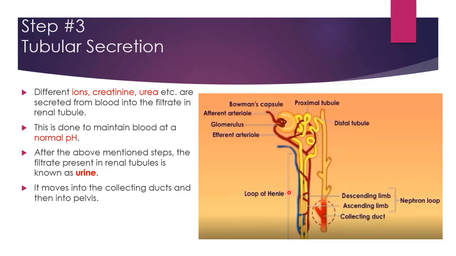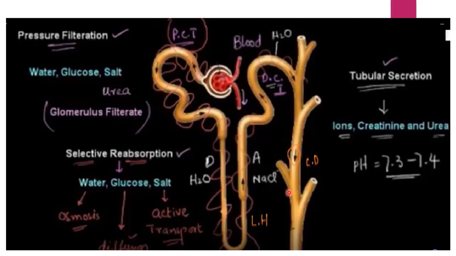Students, now we will summarize all these three steps of functioning of the kidney with the help of a diagram. This is the structure of a nephron, and we will see how three important steps of functioning of the kidney work. Number 1, pressure filtration.